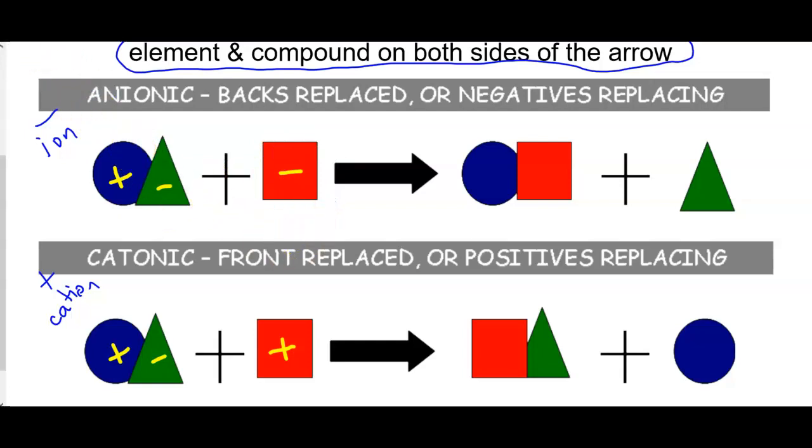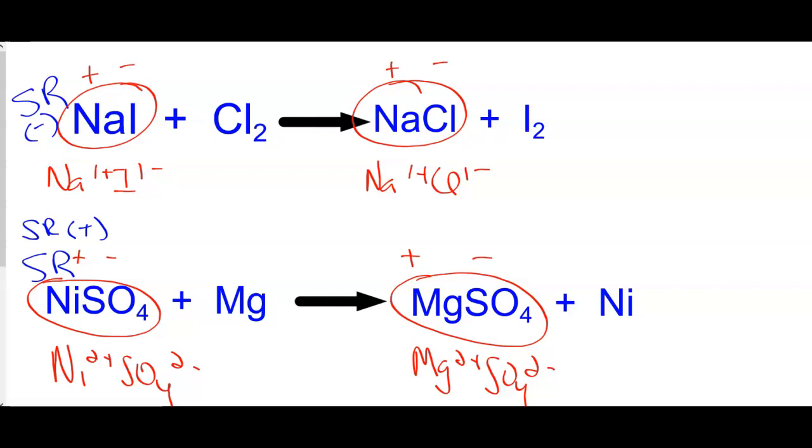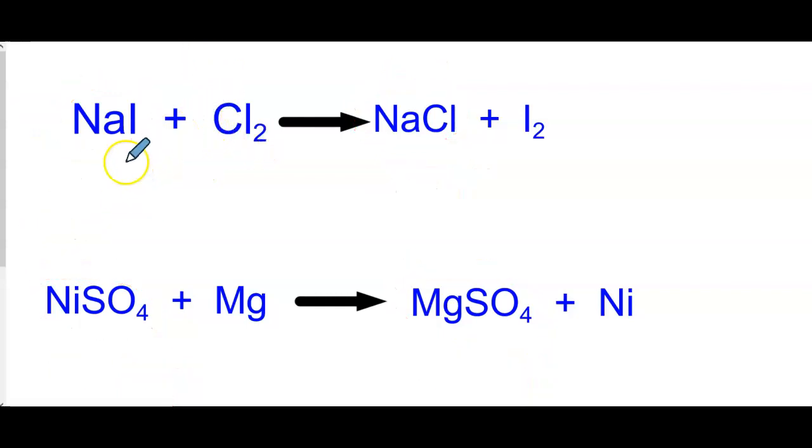Let's look at specific examples here. Okay, so I'm going to clear this and go through this with you again. So here we know sodium forms positive and iodine is a negative. Chlorine, notice it doesn't have a partner, it's just an element by itself. Yes, it's a diatomic, but by itself it would form negatives.